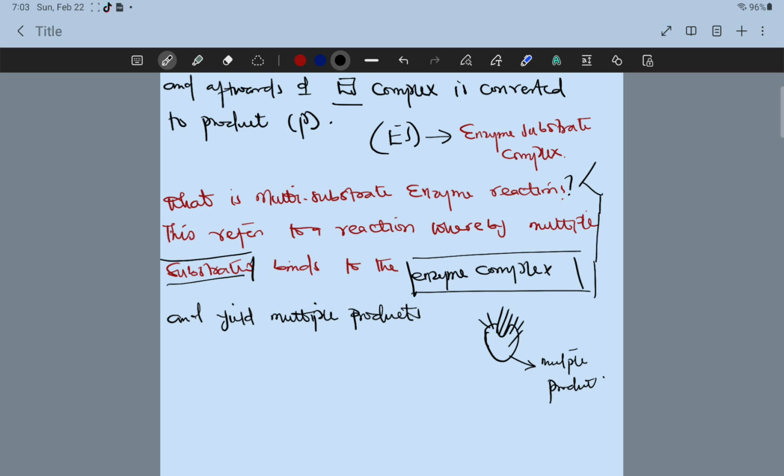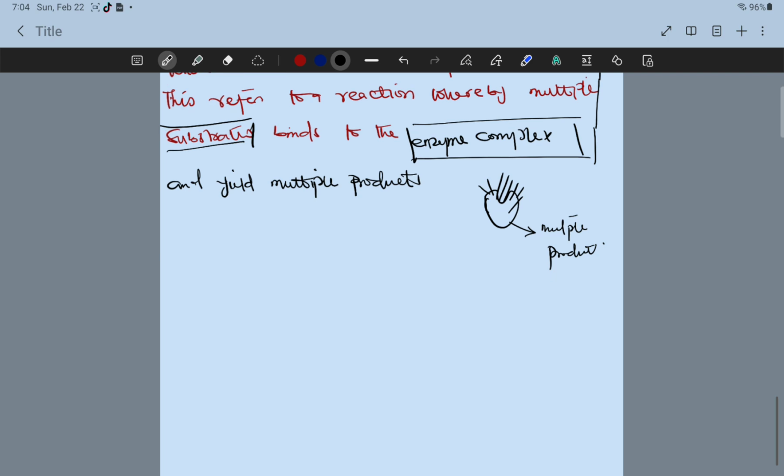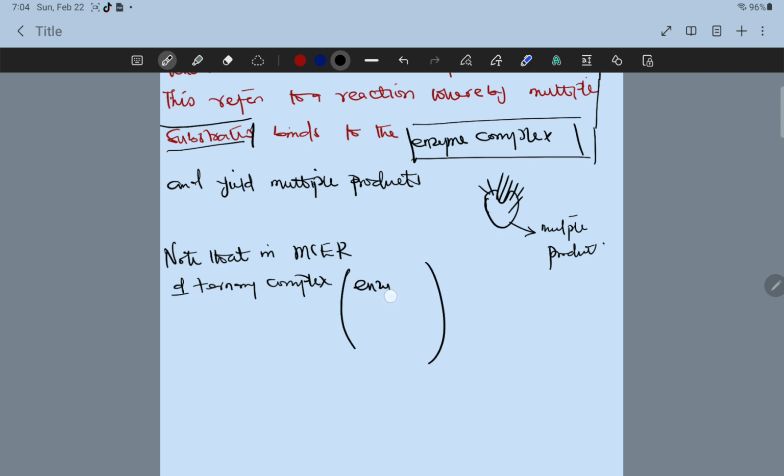In MSCR, the ternary complex consists of enzymes and two or more substrates.